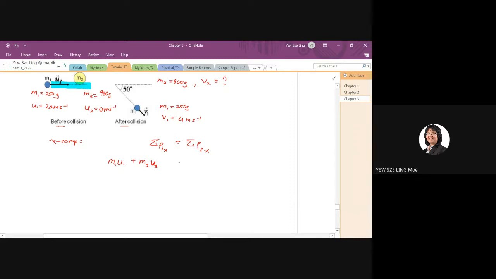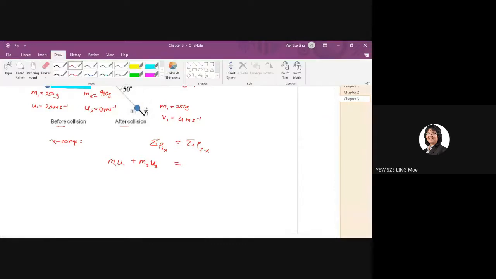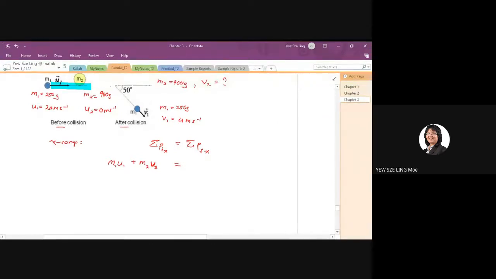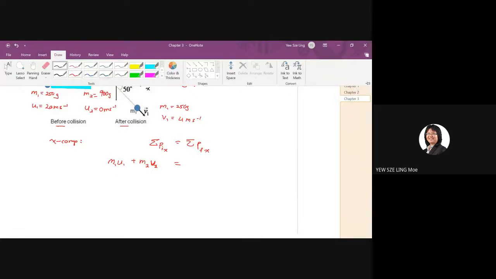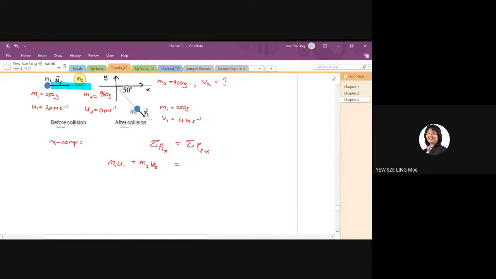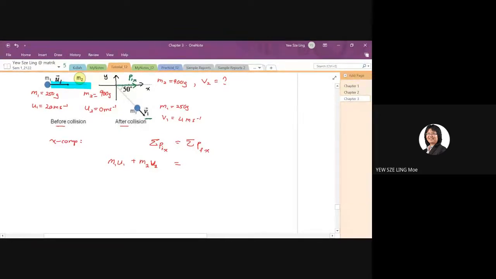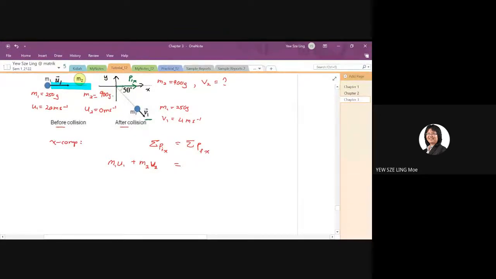All right. But then after collision, what happened? If you look at the diagram, after collision, this is my x-axis, this is my y-axis. So my object is now moving in between the x and y axes, which means I need to resolve its velocity to calculate p along the x component, p1x, and the p along the y component, p1y.